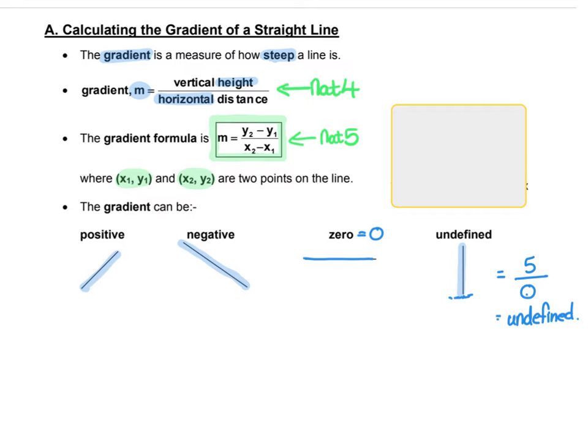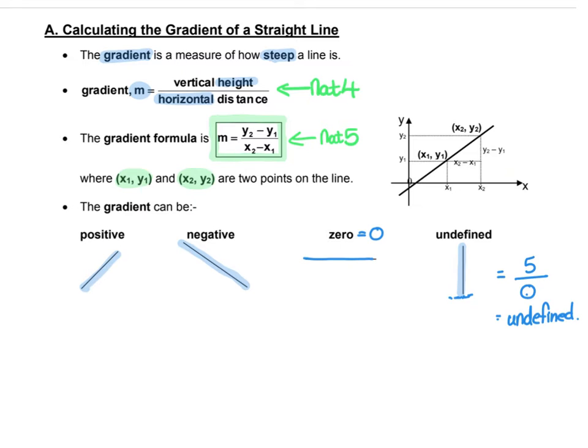And I'm going to give you a short explanation as to where this comes from, but you don't have to remember this next bit. It links to the National 4 formula where you do height over horizontal. Okay, so if we've got the point x1, y1 and the point x2, y2, we would draw a triangle between them to try and find our gradient. Now to get the height for the top, we would come across here to find what's the difference between this number and this number.